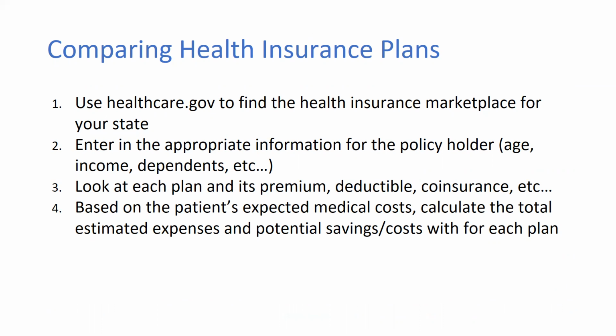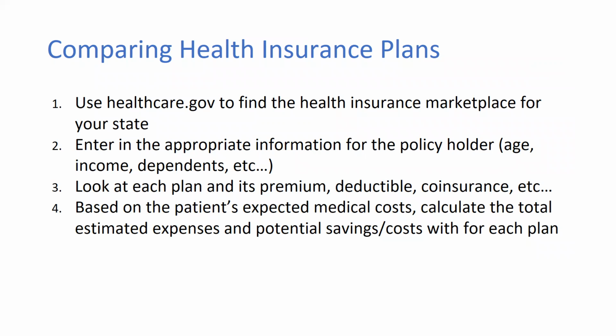You enter your appropriate information, what state you're in, your age, income, dependents, and maybe some more information about you depending on the state. They have different requirements for what you enter for searching. And then once you enter that into your state's marketplace, that marketplace will then populate different plans that are options for you based on your information.